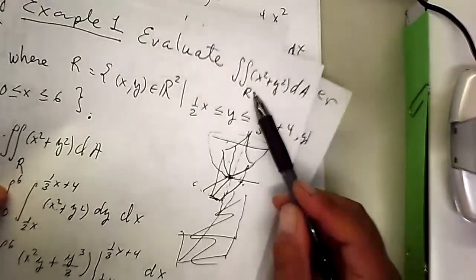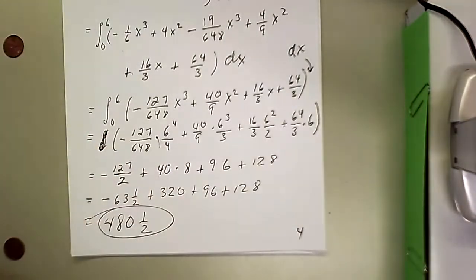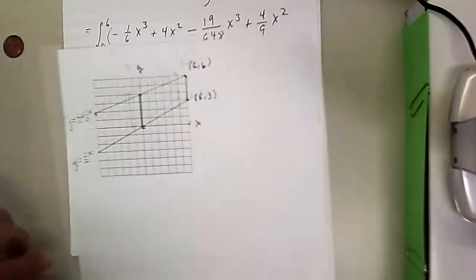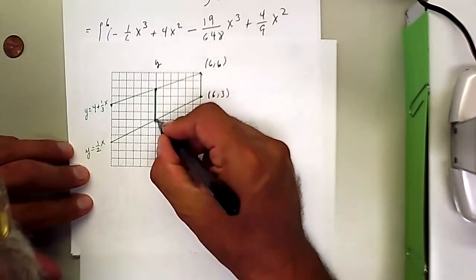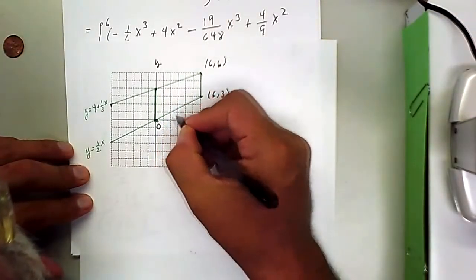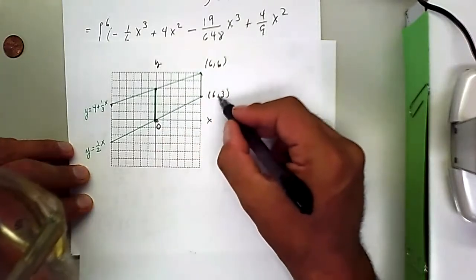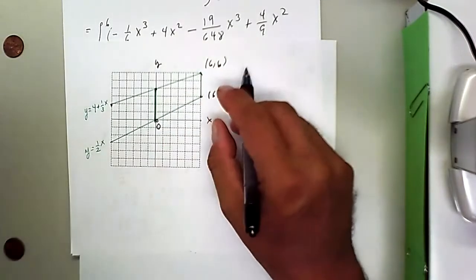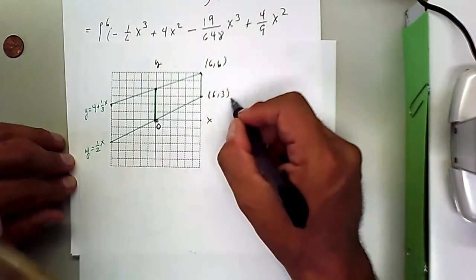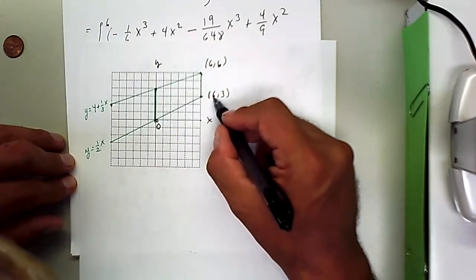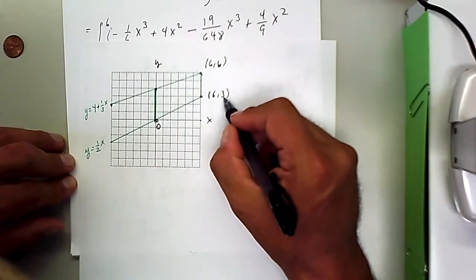I mean, this is x squared plus y squared. So by the time we get to, let's just understand what the outputs are. The output here is 0. The output here at 6,3, remember the function that we are integrating originally is x squared plus y squared. So we have 36 plus 9, which is 45.